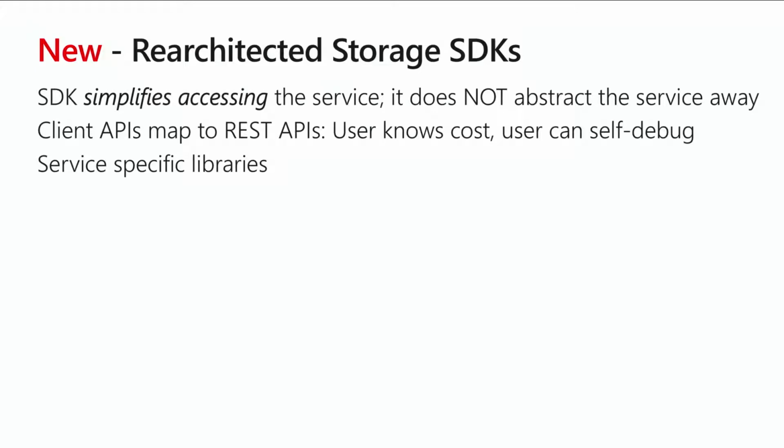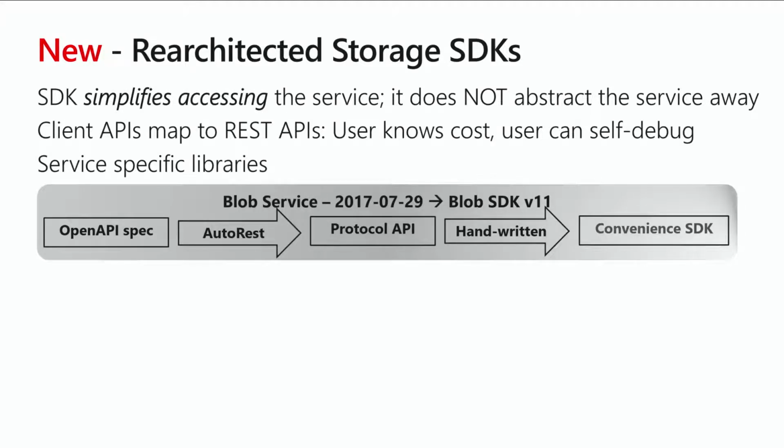So what about the storage re-architecture? What we're doing there is really making sure that we give you a good set of simple access mechanisms without abstracting the service away. And there's a cleaner mapping between your client APIs and your REST APIs. This is done through the Open API spec through AutoRest, and a protocol API is generated automatically.